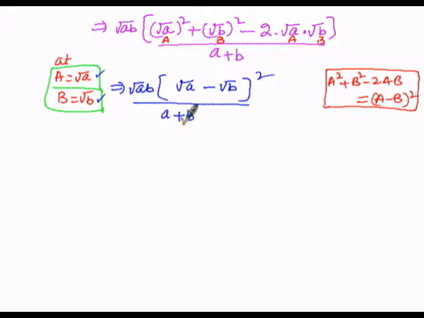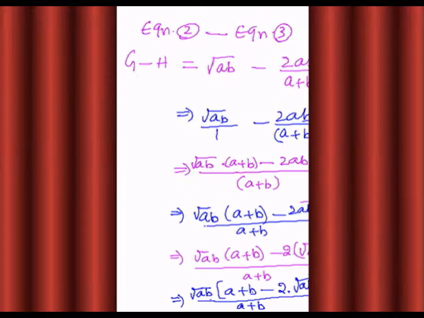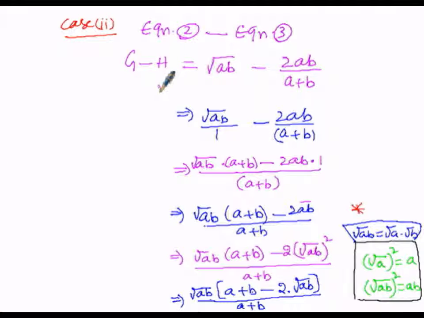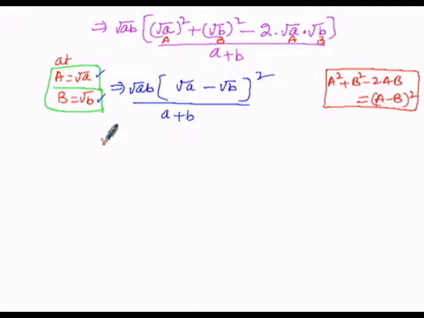So now the left hand side quantity, as per case number 2, is g minus h. Then g minus h is equal to root of ab into root a minus root b whole square overall divided by a plus b.